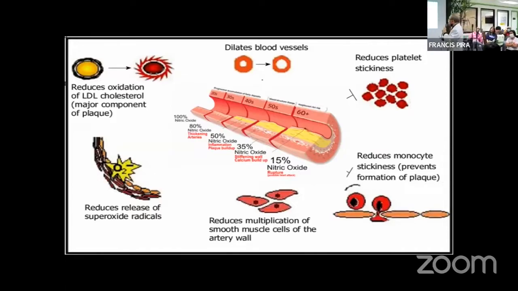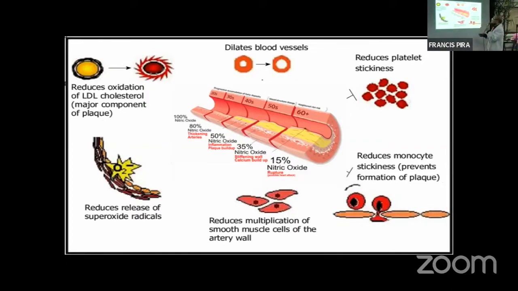So what will happen? The nitric oxide will reduce the multiplication of the smooth muscle in the lining, so that it will prevent the hardening of your blood vessel. Did you see the importance of nitric oxide? It will prevent the hardening of the blood vessel and improve the elasticity of your blood vessel.